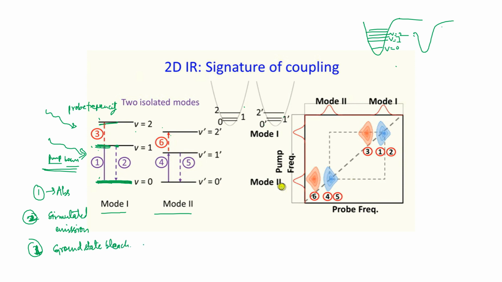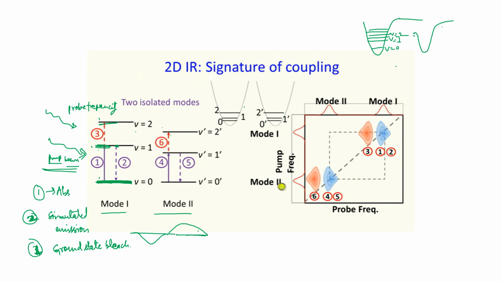Okay. Now, in the case of the ground state bleach, you will notice that you will get a negative peak of absorption, say like this. For the case of stimulated emission and the ground state bleach, you will get a negative peak, while for the absorption, you will get a positive peak.